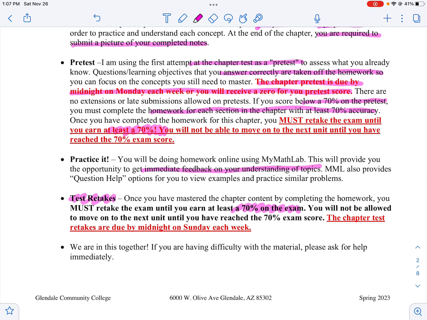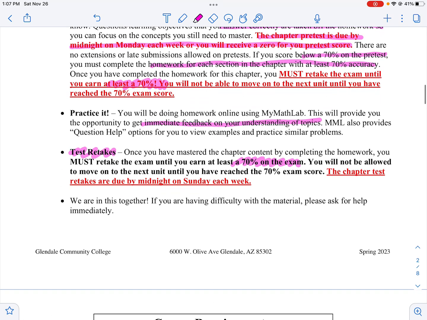Now, the chapter test retakes are due by midnight on Sunday each week. So you'll pre-test by Monday, you'll work really hard throughout the week to watch the videos, learn the information, do the homework for each section and hit that 70%, and then your retakes are due by Sunday, making sure you earn that 70% so you can move on.